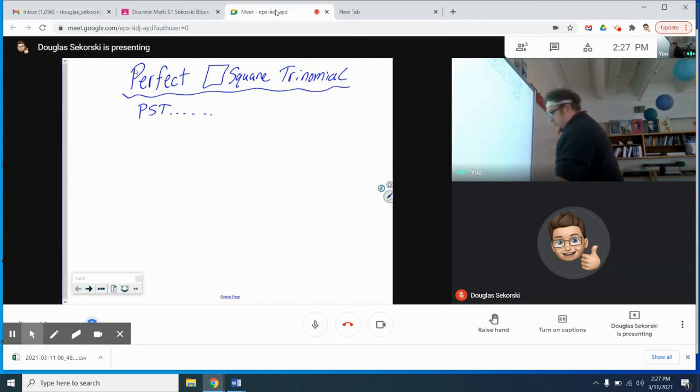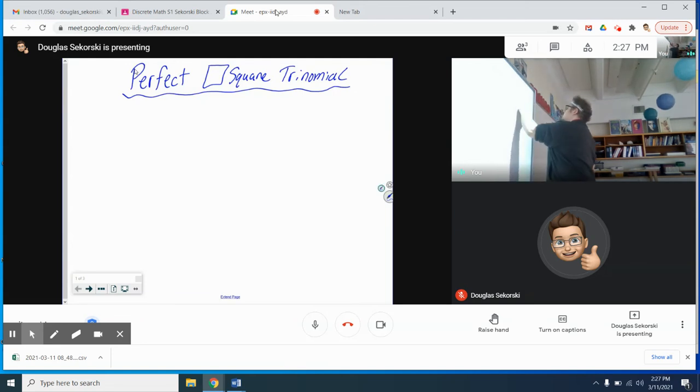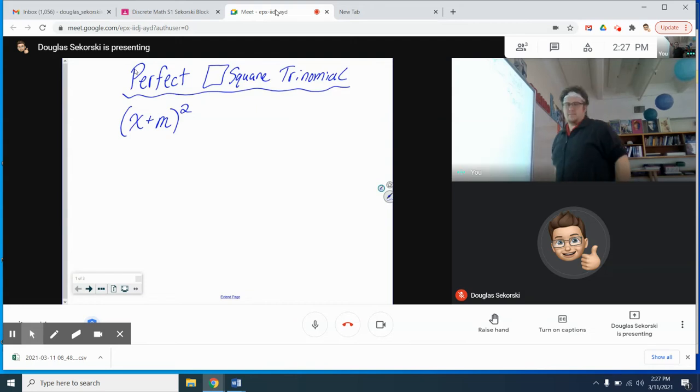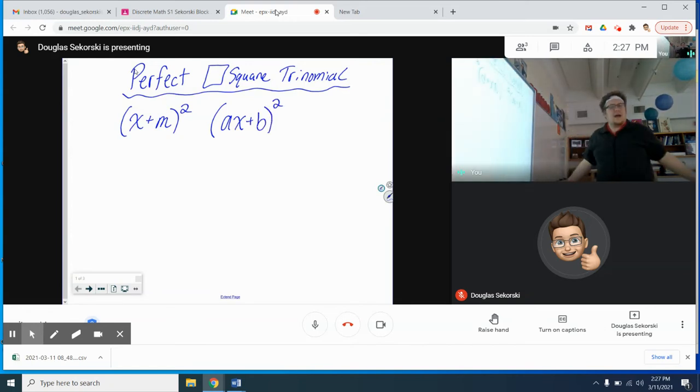But anyways, a perfect square trinomial is a quadratic that can be simplified in this way. Okay? x plus m squared. You can also have ax plus b squared. Right? You can have things in that form too.